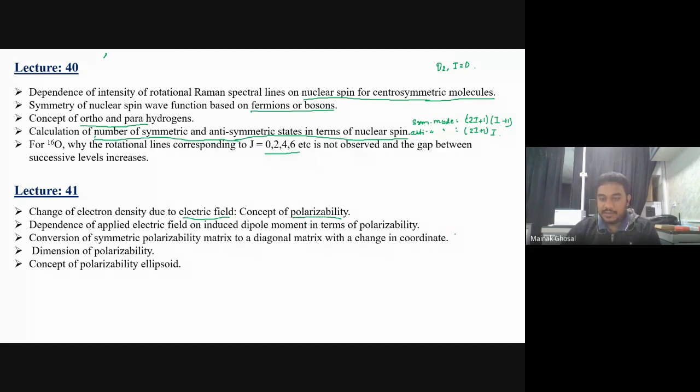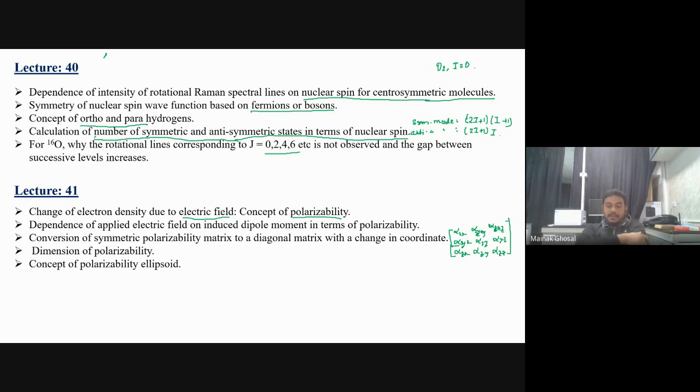Now, whenever there was a matrix representation, it was shown that alpha will have a different kind of matrix representation. So a 3 cross 3 matrix will be there. This will be alpha xx, alpha xy, alpha xz, then alpha yx, alpha yy, alpha yz, and another row alpha zx, alpha zy, alpha zz. Okay.